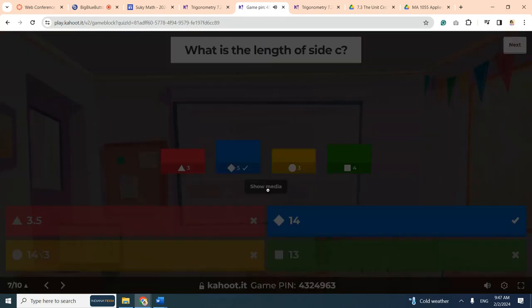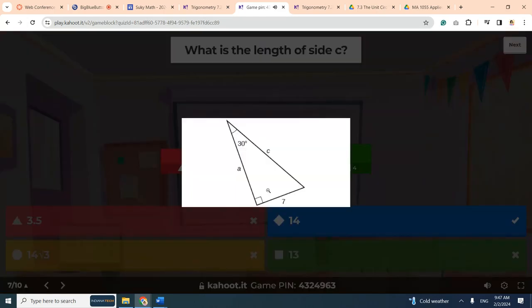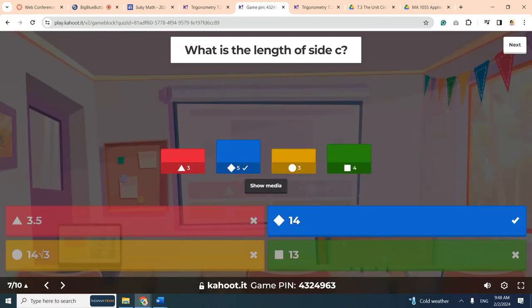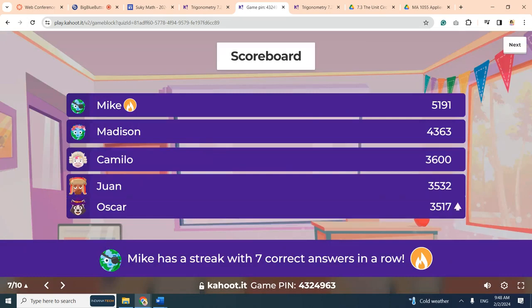How do we think? Remember they follow the ratio. 1, 2, or square root of 3. If this is 7, what's this? 14. Yeah, 7 times 2 is 14. How about this, the other side? 7 times square root of 3. Right, everybody? They follow the ratio. Okay.